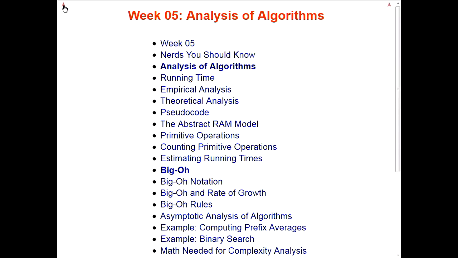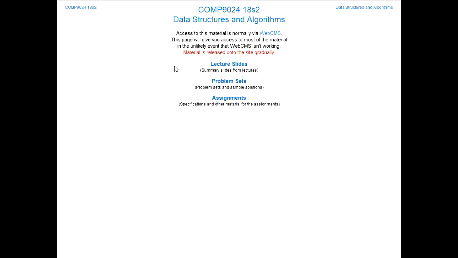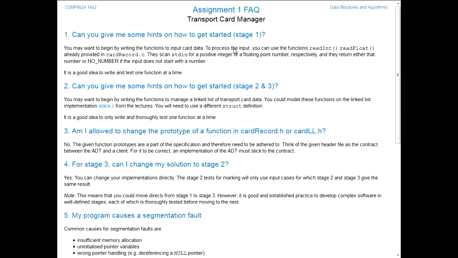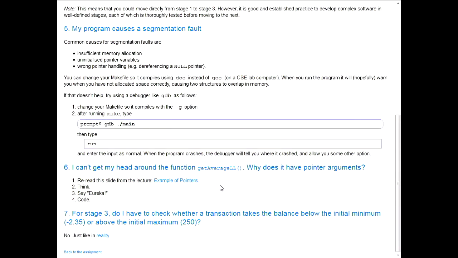There were a few questions on the forum that kept repeating, which is why I would like to encourage everyone to look at the frequently asked questions before you post a new question on the forum, whether it might have been answered here. In particular, there were questions about one particular function and the question why it has pointer arguments. There is a hint here on that slide how you can find out why it has pointer arguments and how you're supposed to be using it.